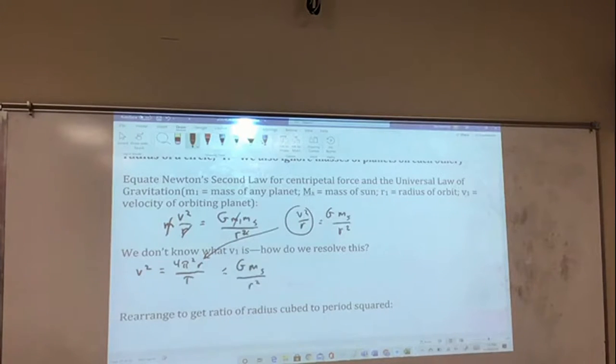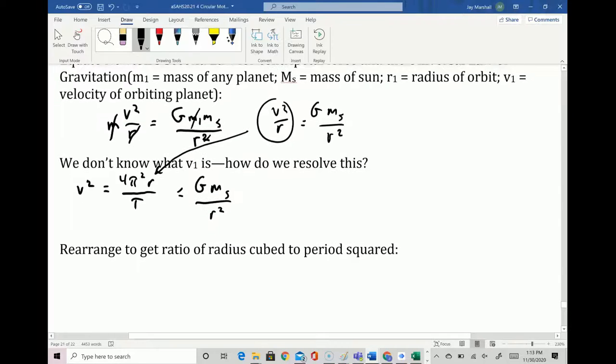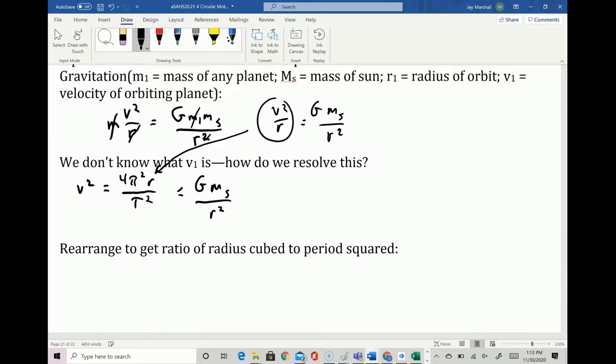And now what's going to happen? Let's see, what do we want to find? I'm going to want the period squared, actually. Okay, so now let's put this over here.